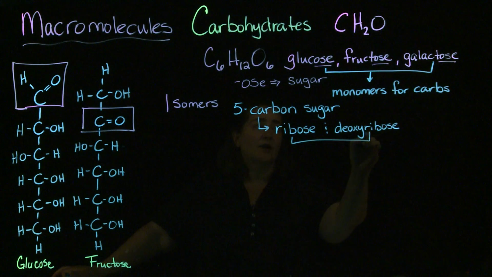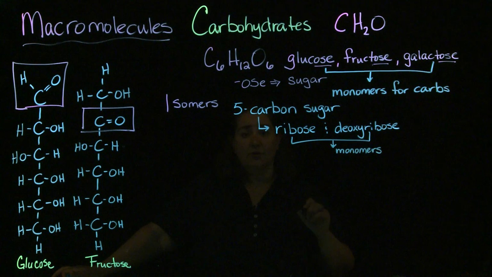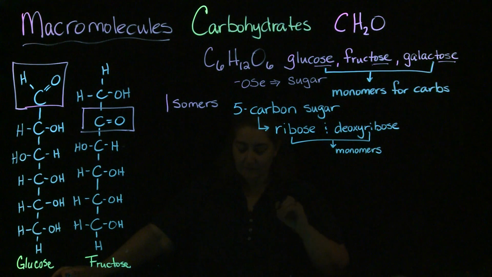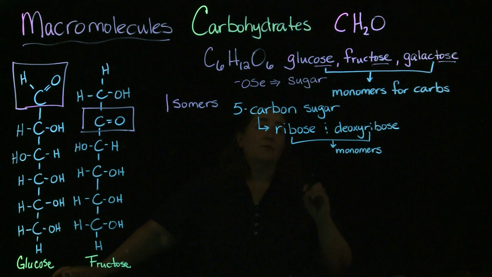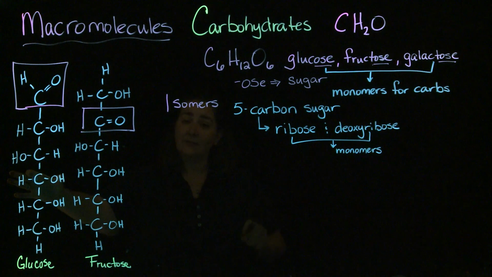Ribose and deoxyribose are also going to be some of your monomers. We're going to hook them together in bigger chains to make polymers, to make them bigger and longer. When we've got individual sugar molecules, they're the monomers. So this chemical structure here, glucose, is the monomer.